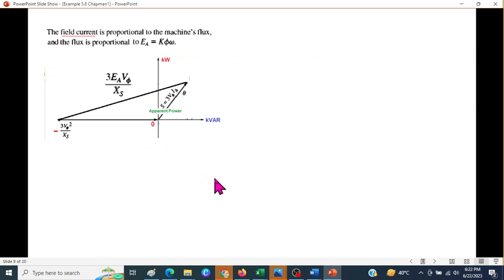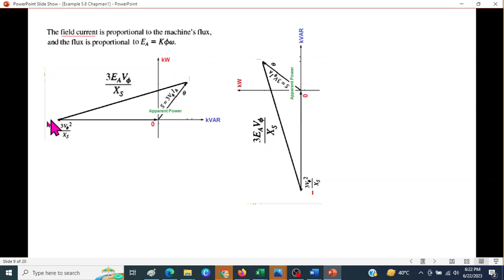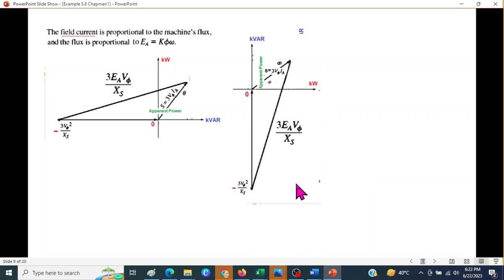So here also we'll tilt it to bring the reactive element vertically, and after tilting this we further tilt. So this is a more plausible diagram now. And now this is our origin from here, and this is the end point. This will represent the field current, and so we can represent it by a circle.